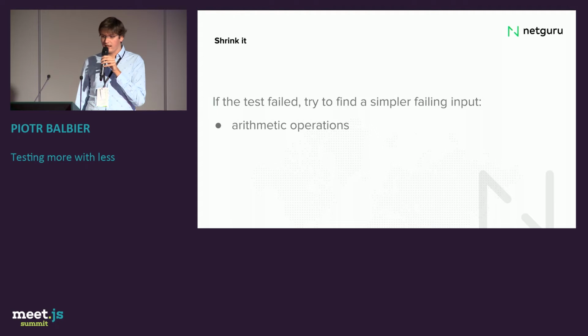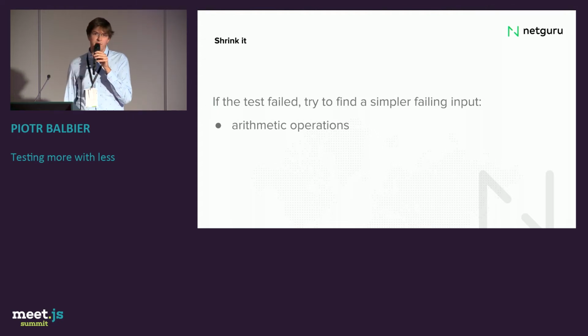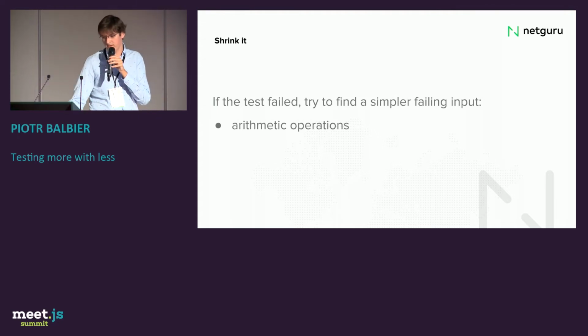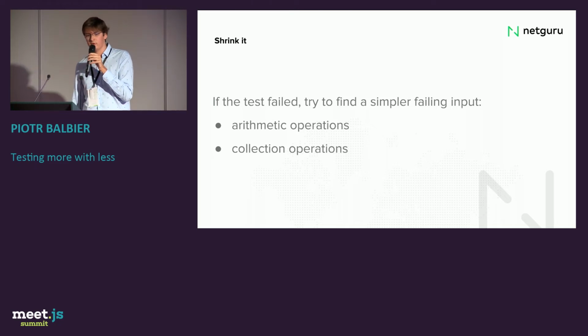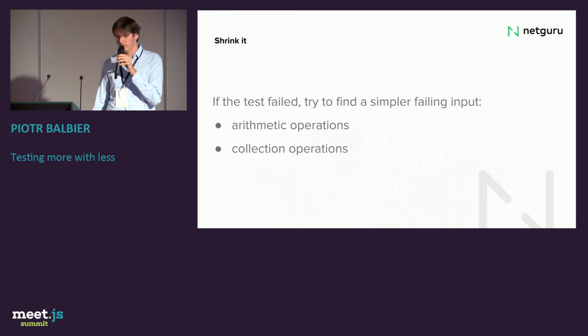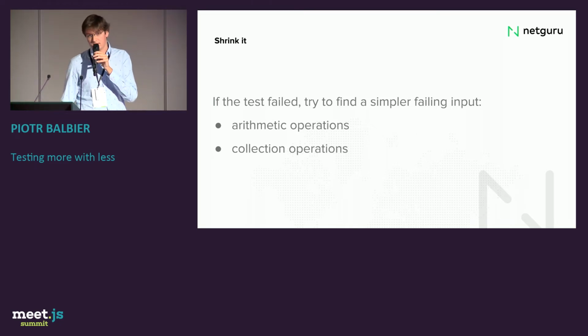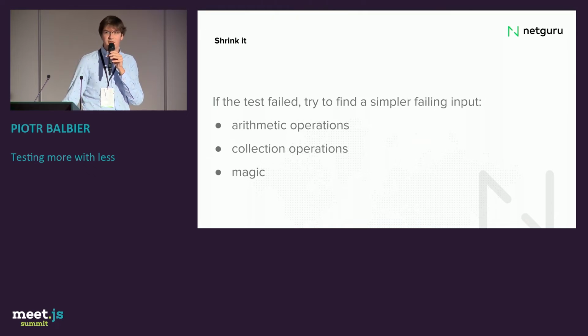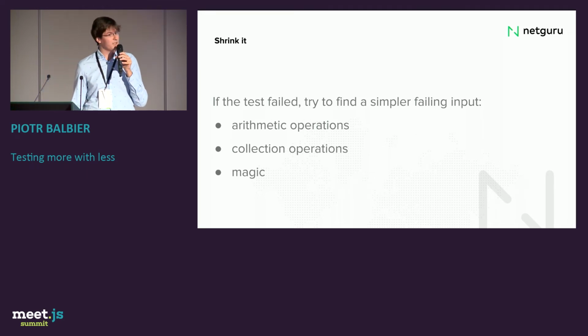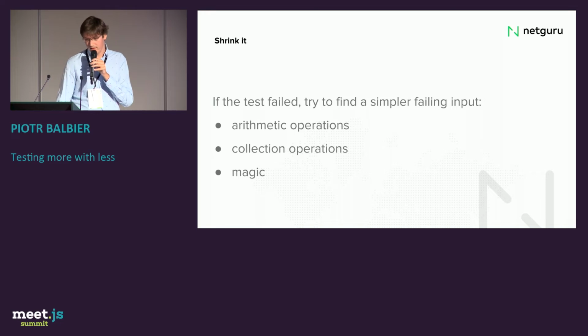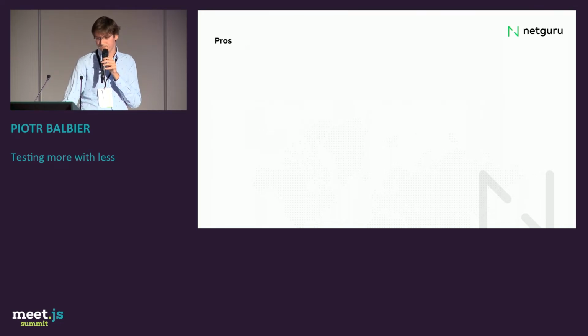And how it's done, so mostly it's arithmetic operations on numbers and some manipulations on collections, such as adding, removing properties or elements, shuffling the order. For example, QuickCheck has some magic inside that makes it a little bit more complex, but still it all boils down to a specific order of arithmetics and operations on collections.